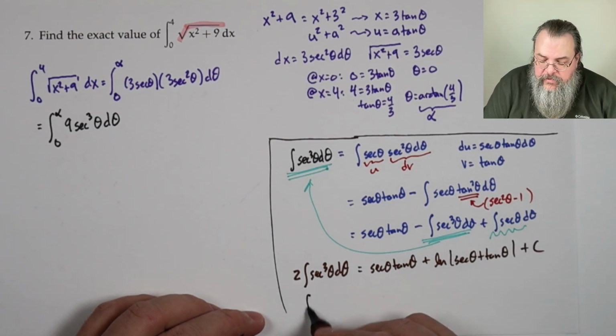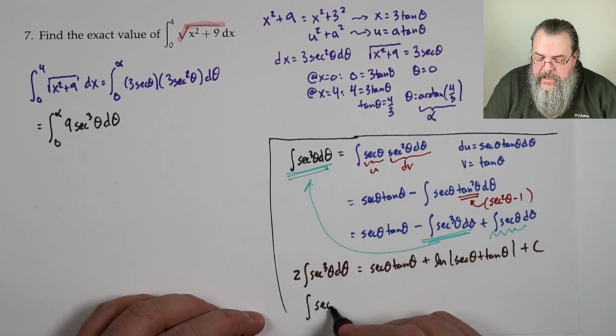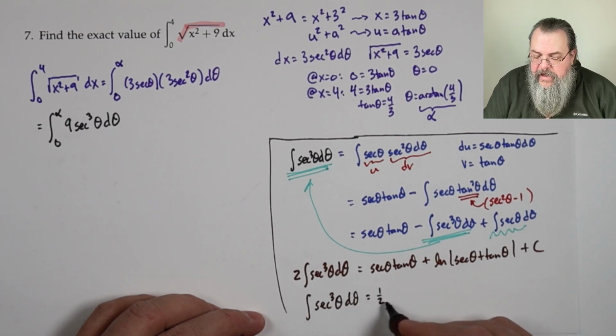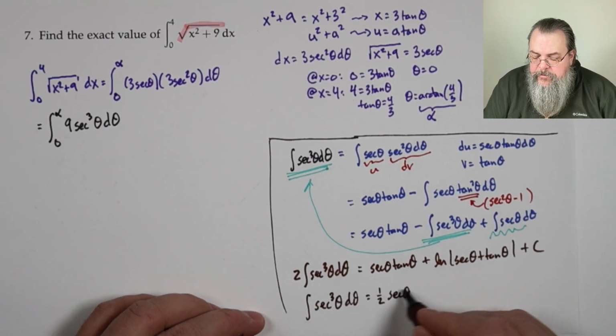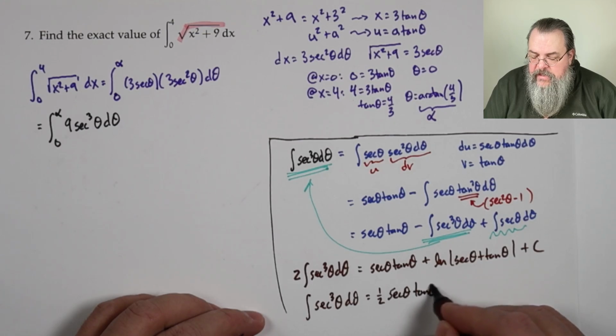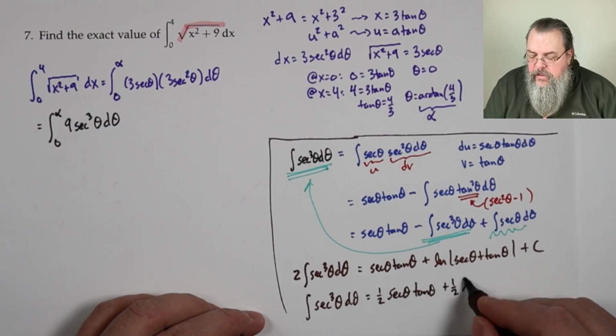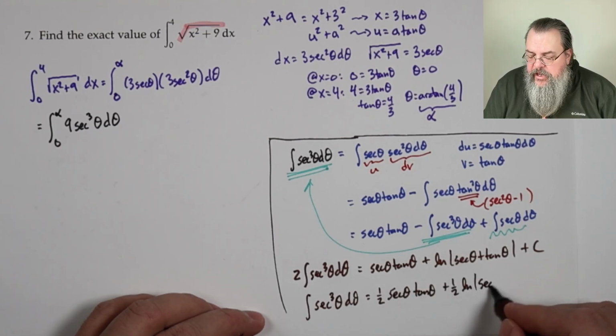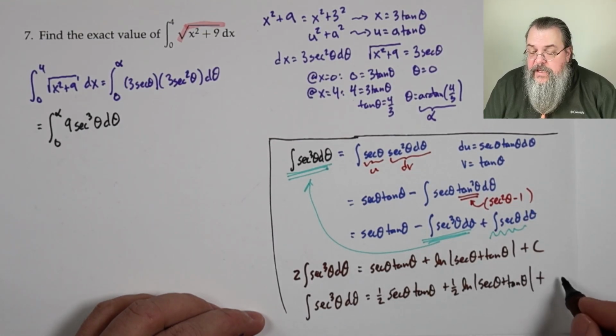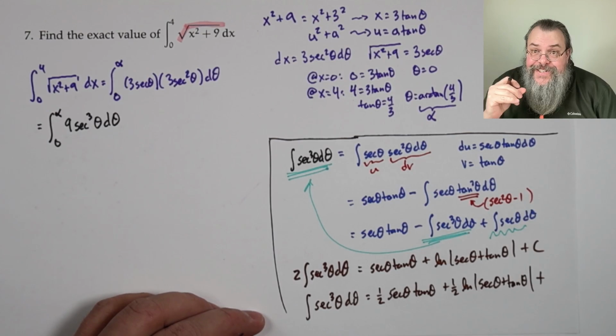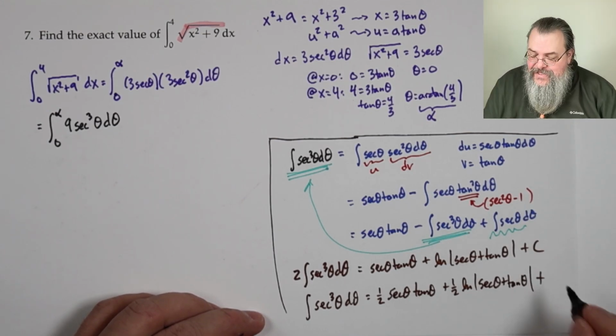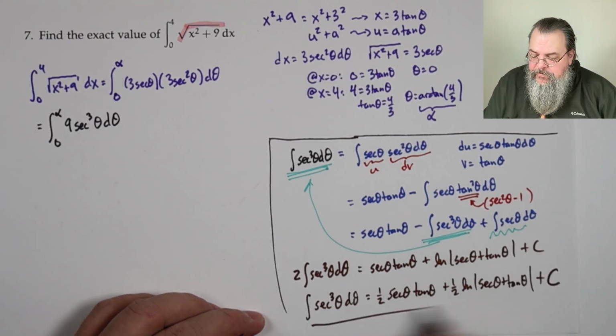And so finally, dividing through by 2, the integral of secant cubed d theta is 1/2 secant theta tangent theta plus 1/2 log secant theta plus tangent theta, and then plus 1/2 c, but c is a constant, can absorb constants, so plus c.